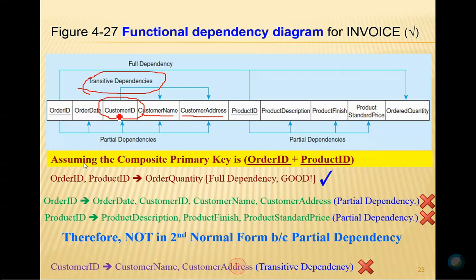Customer ID is not a primary key, it's not a composite primary key, it's just a non-key attribute. However, it also determines the value of other attributes. So in this case, we have the so-called transitive dependency. The reason it's called transitive is because order ID determines customer ID, and customer ID then determines the others. That's why it's called transitive.